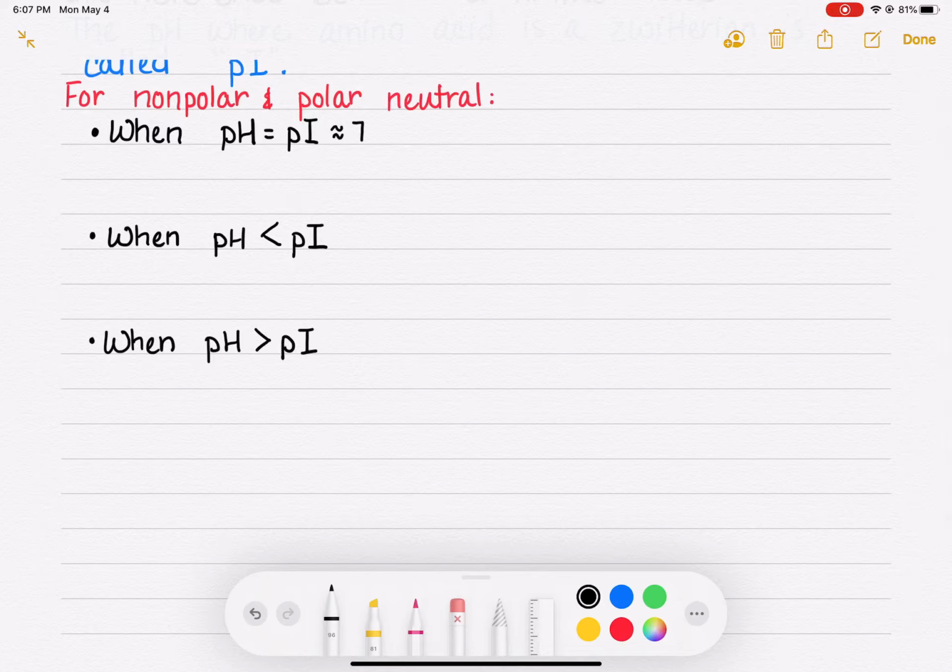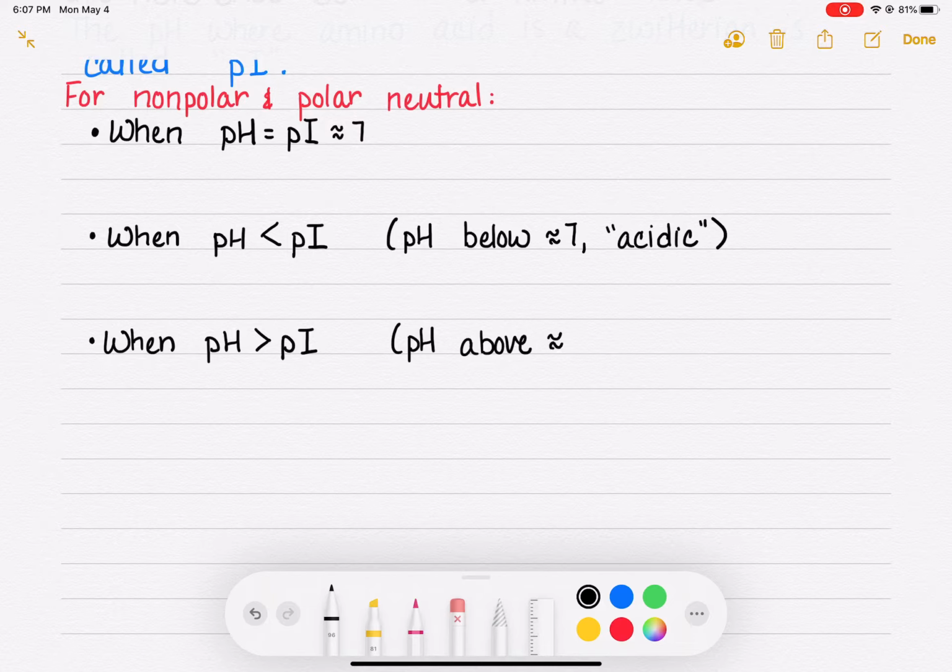When the pH is less than the pI, that means the pH is below approximately 7, and the solution is acidic, which is the name we give to pHs under 7. When the pH is above the pI, the pH is above this approximate 7, and the solution is basic, the name we give to solutions that have a high pH.